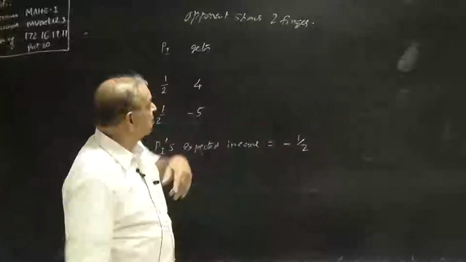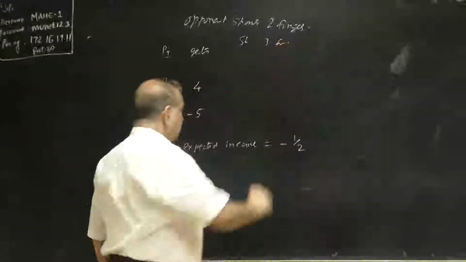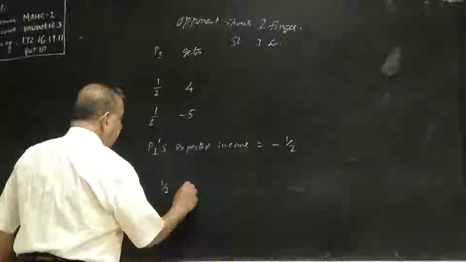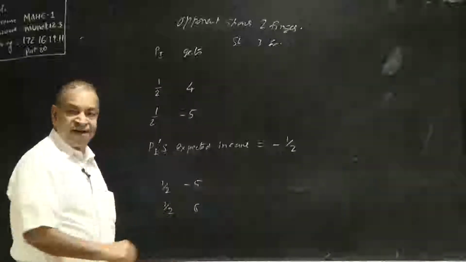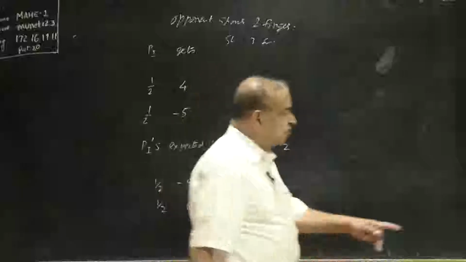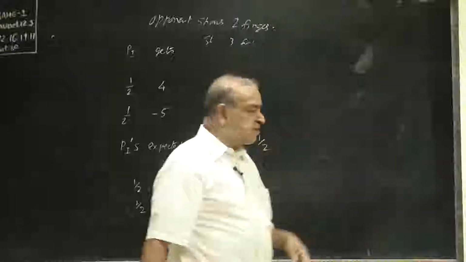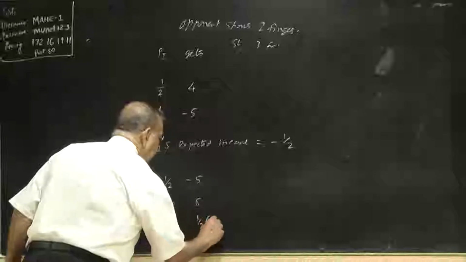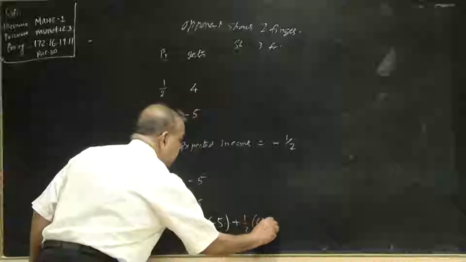If he shows 3 fingers, his expectation will be half the times minus 5, half the times 6, which is equal to half.